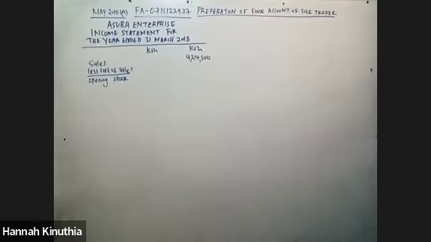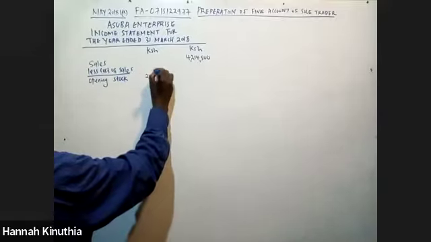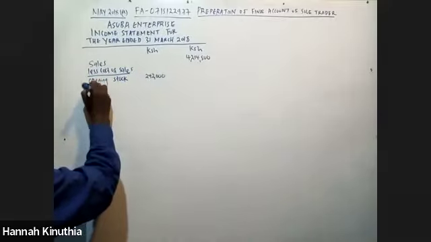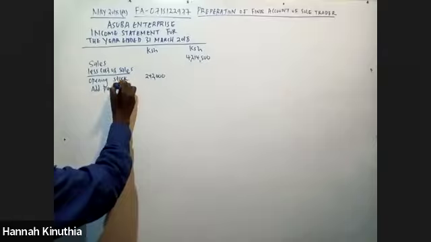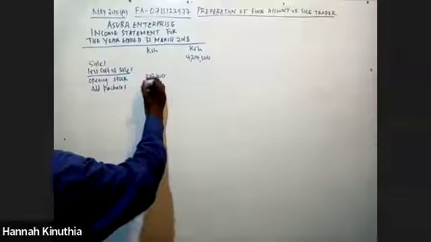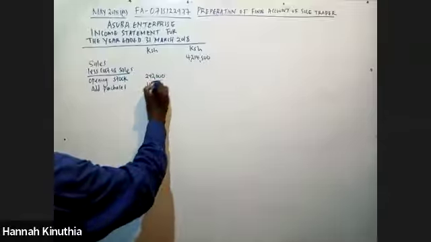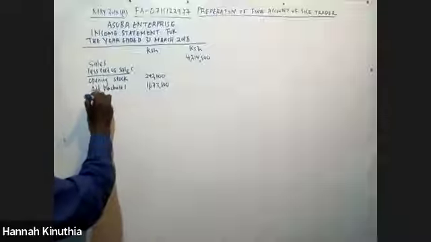If you go to the trial balance, starting at the top, on 1st April 2017, our inventory was 242,000. We are supposed to add purchases. Purchases are also at the top, 1673,500. Then you are supposed to less drawings.